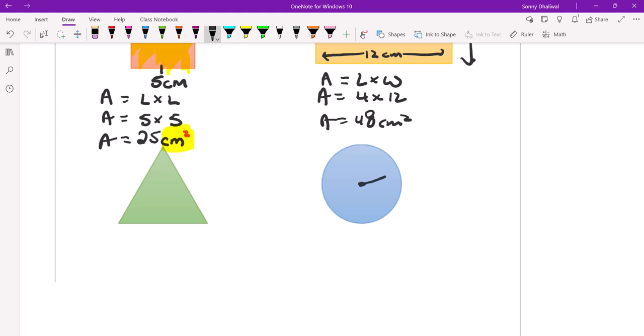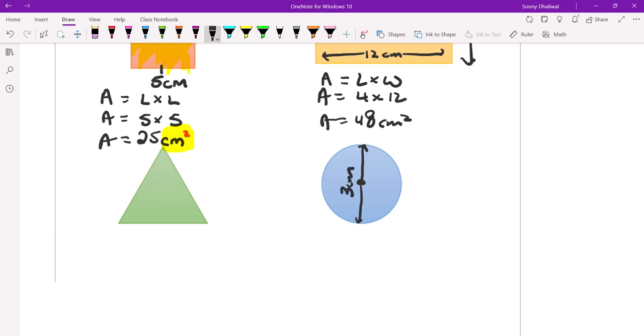Okay. Circle. Actually, let's change this up. Let's go like this, from here to here, and I'm going to say that is 3 centimeters.